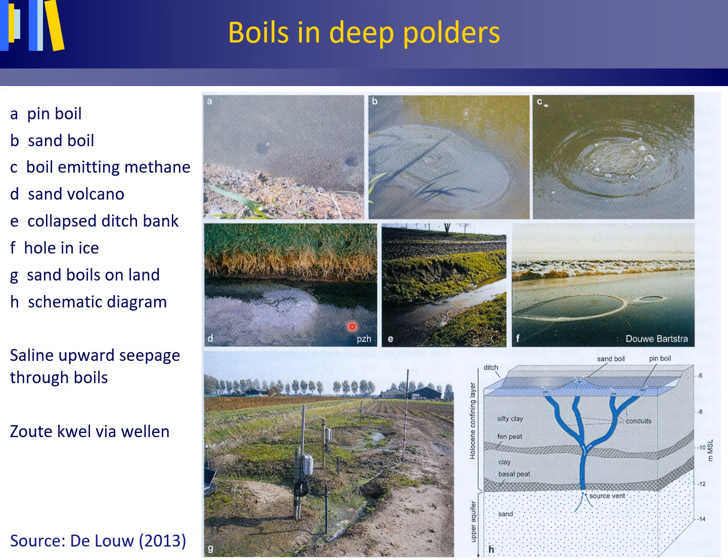A sand pseudovolcano, a collapsed ditch bank, holes in the ice caused by warmer water welling up from a boil, sand boils on land, and here we have a schematic diagram of boils showing several subsurface conduits or preferential pathways.